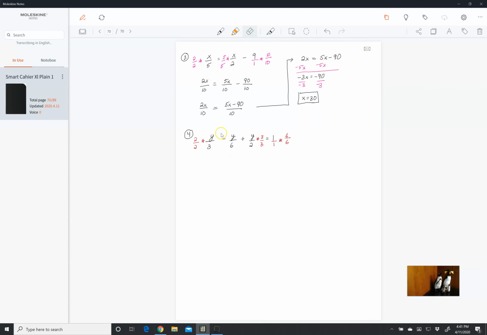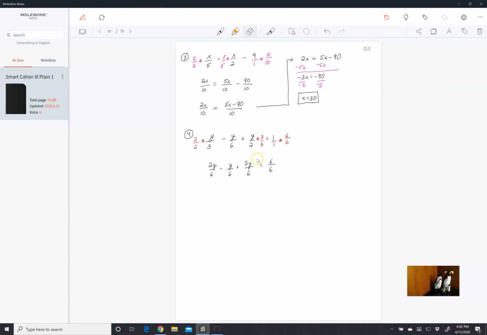You should always look at it and make sure that that's actually the case. But we have 2y over 6 minus y over 6 plus 3y over 6 is equal to 6 over 6.